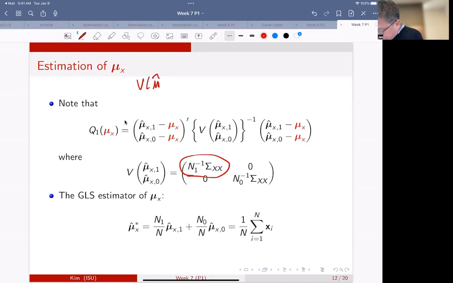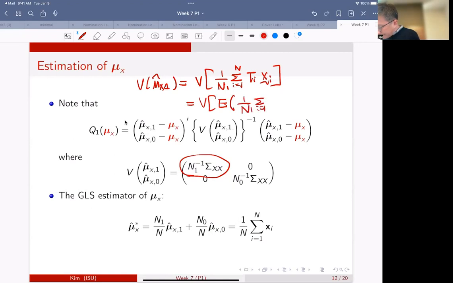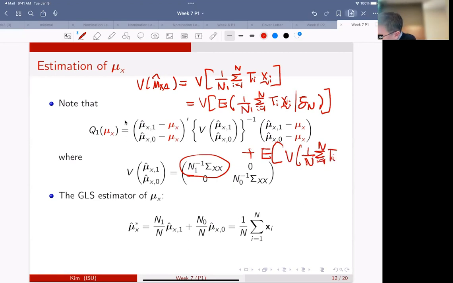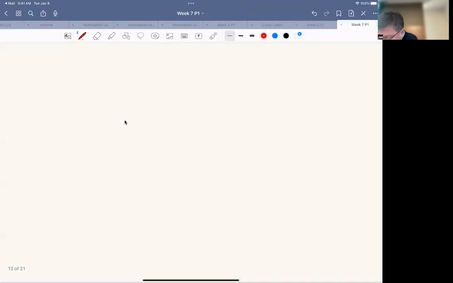What is the variance of mu hat x1? This is the variance of the expectation plus the expectation of the variance.